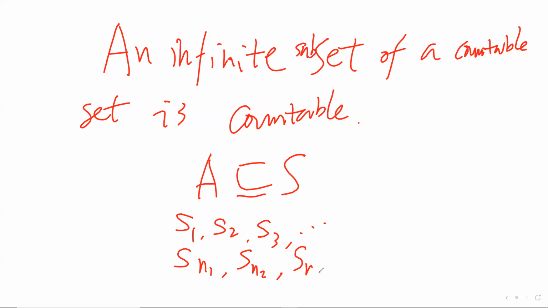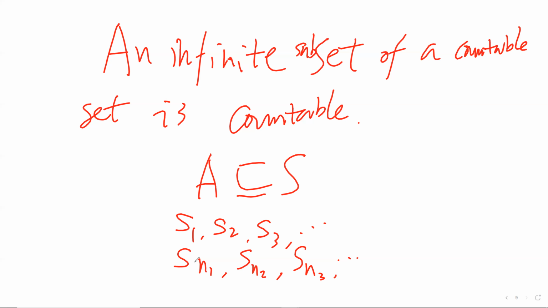We will continue going through this process. We can find all the elements that are in A eventually. And this process is infinite because there is an infinite number of elements in A.